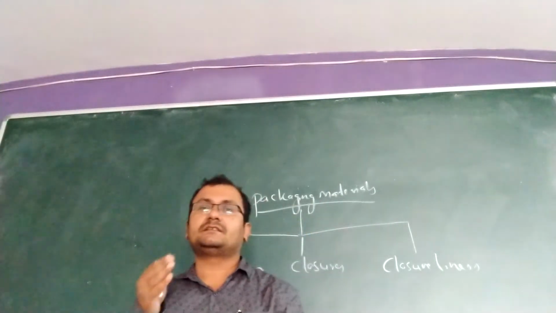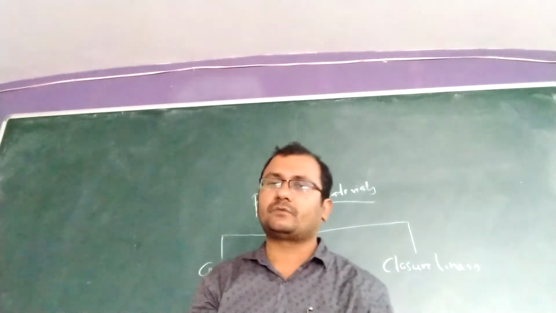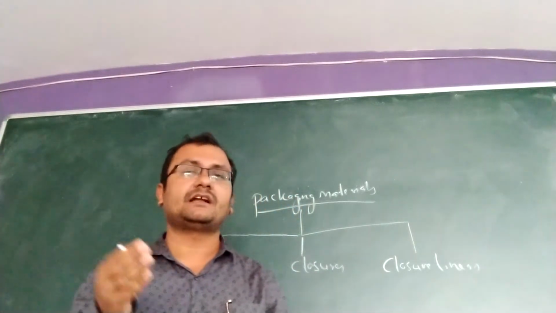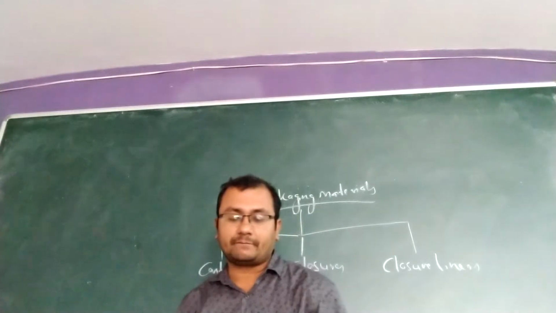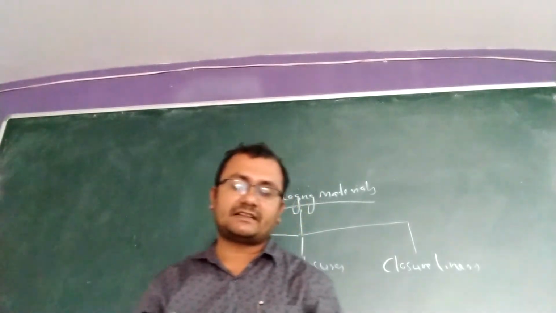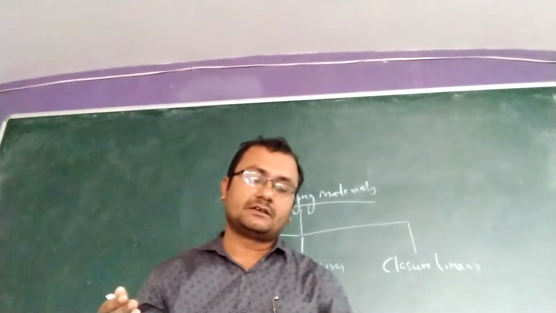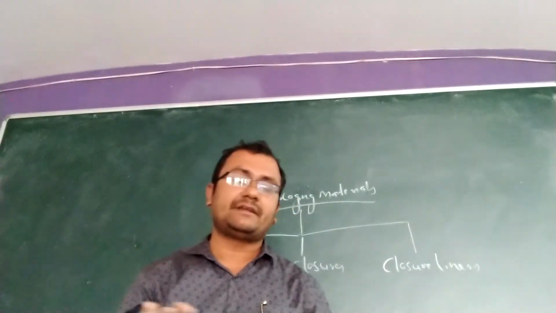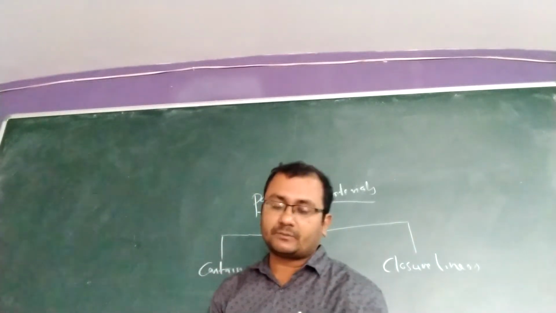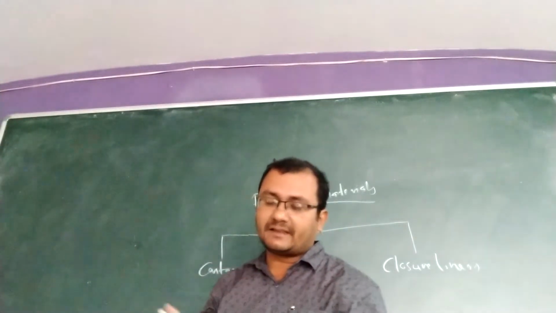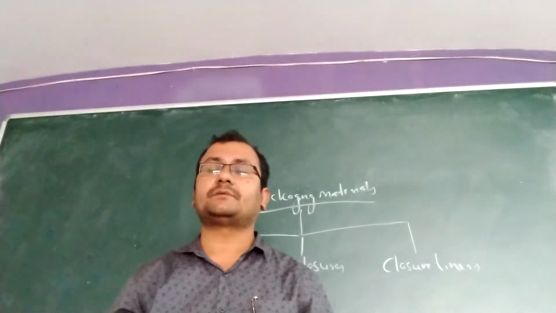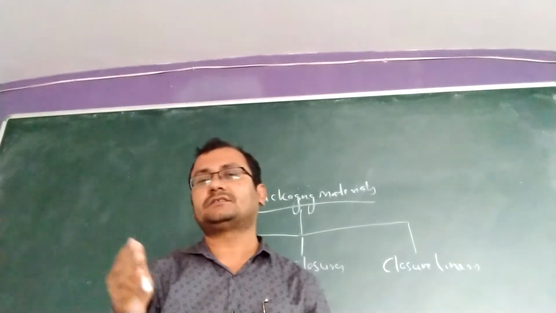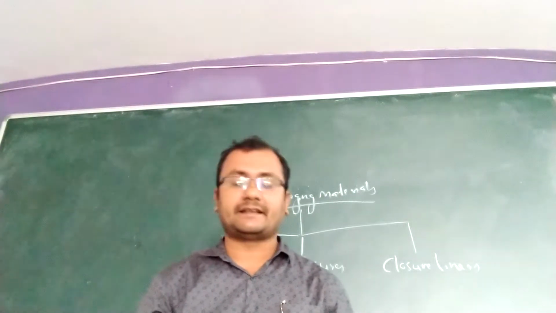That means this container is directly in contact with different types of pharmaceutical dosage forms. So that is known as your primary container. Secondary container, what is this? It will protect the primary container. Also, it will protect the labeling, or protect from different types of hazards. So these are your secondary containers.